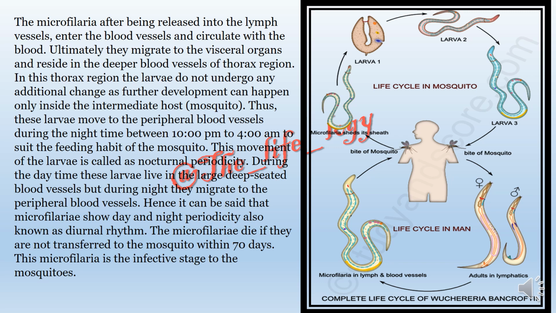This movement of larvae is known as nocturnal periodicity. During the daytime, these larvae live in the large deep blood vessels, but during the night they migrate to the peripheral blood vessels. Hence, it can be said that microfilariae show day and night periodicity, also known as diurnal rhythm.